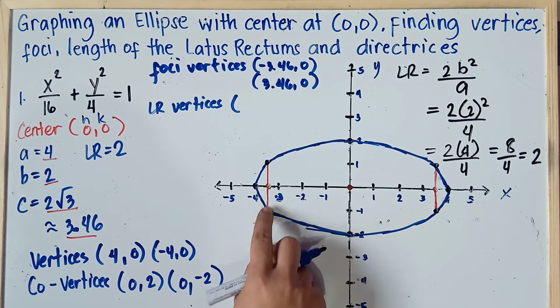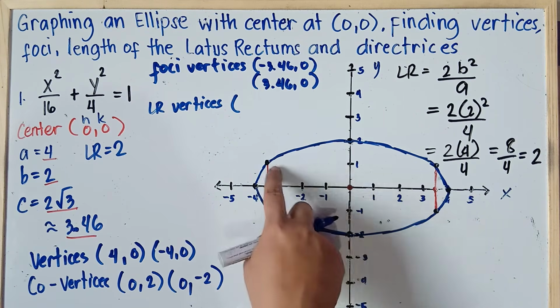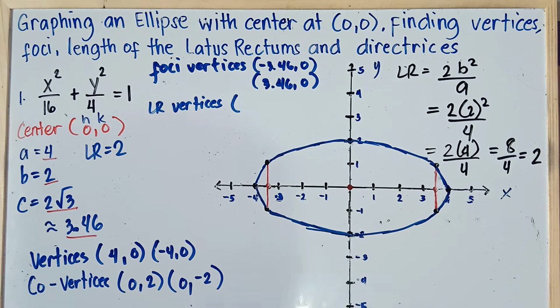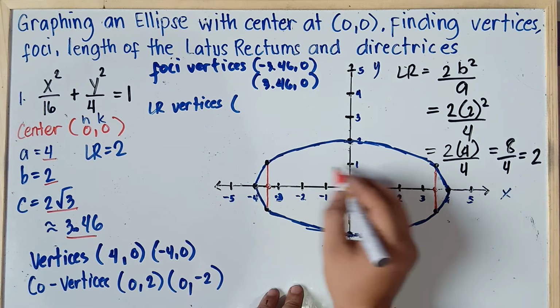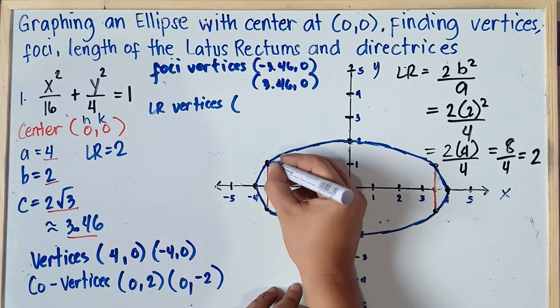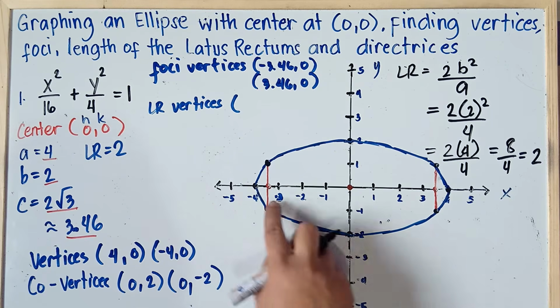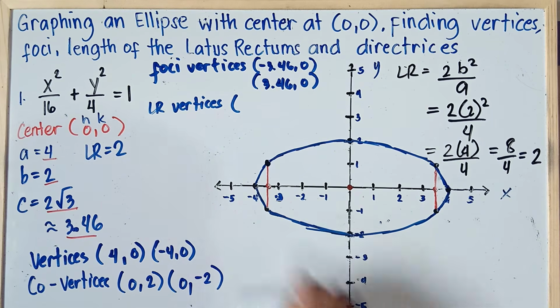Check, class, for the focus. This is negative 3.46. And then 1 unit. So 1 unit, this is more than 1, class. It should be negative 1. No, positive 1 for Y. Sorry. Alright, so for the vertices X, is negative 3.46.